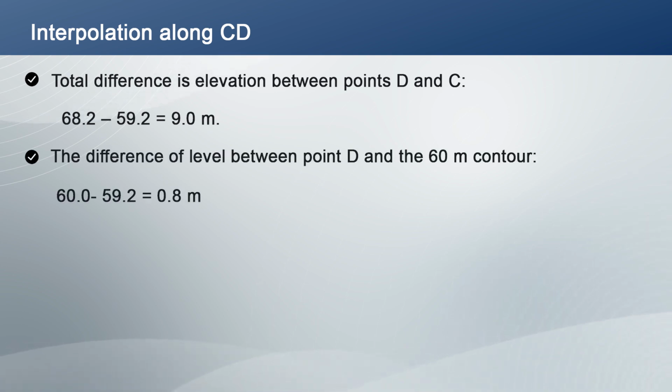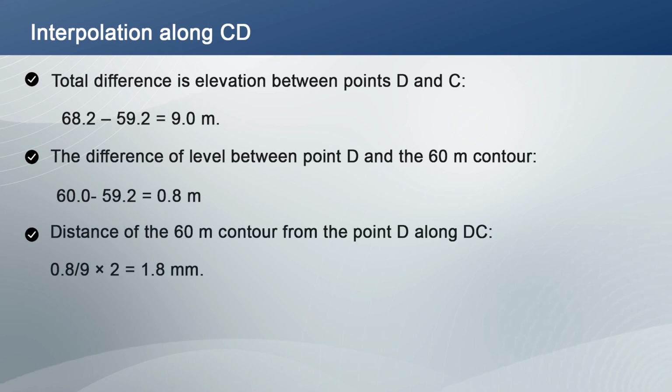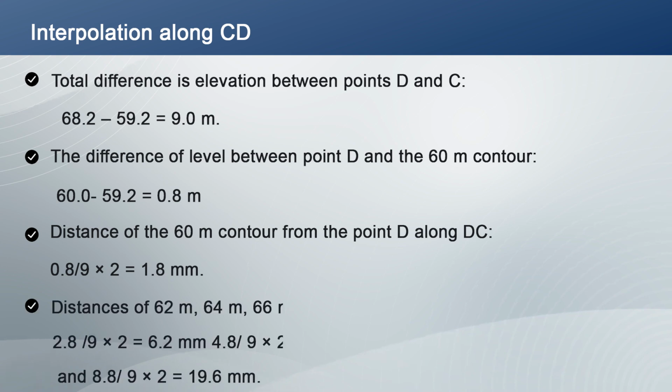The difference of level between point D and the 60 meter contour is 60 minus 59.2 equal to 0.8 meter. Hence, the distance of the 60 meter contour from the point D along DC is 0.8 divided by 9 into 2 equal to 1.8 millimeter.